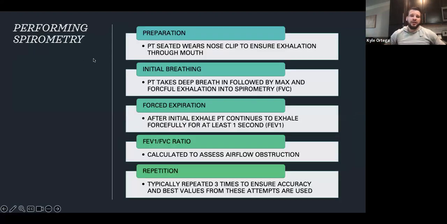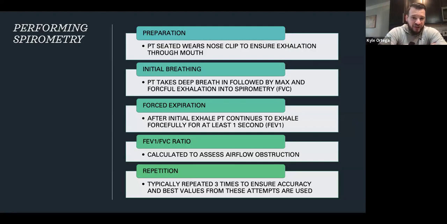All right. So then just a little bit of background of spirometry, how it's performed. First, you get preparation. Your patient is seated, wears that nose clip to ensure they're exhaling through their mouth and not their nose. In initial breathing, the patient's going to take that deep breath in, followed by that max and forceful exhalation into the spirometer, and that's that FVC.